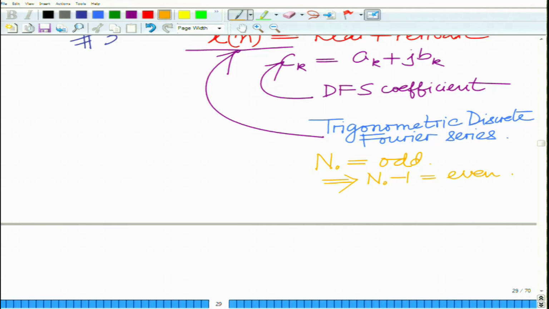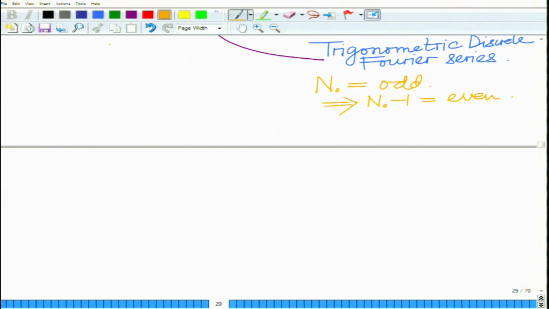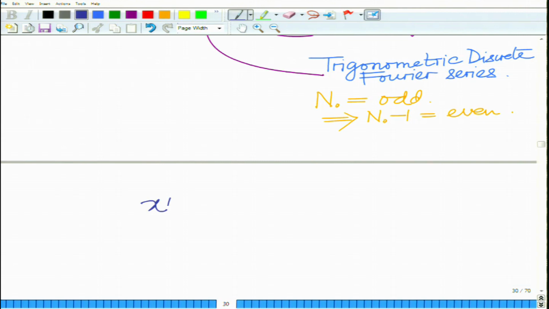Now, the discrete Fourier series is given as x[n] equals summation k equal to 0 to N naught minus 1 of C_k e raised to j k omega naught n.